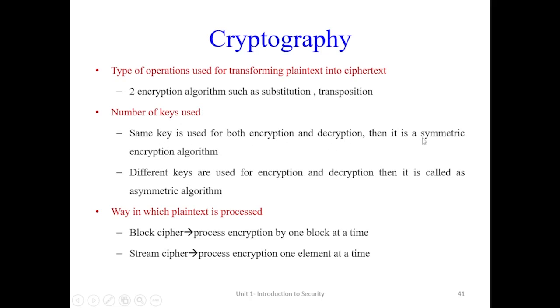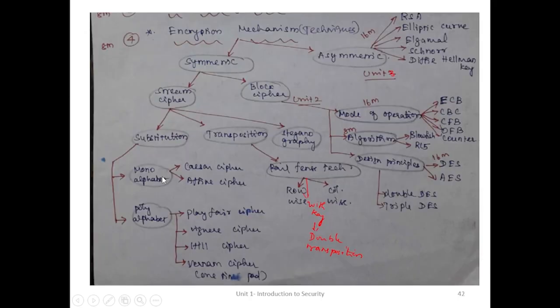If the same key is used, it is symmetric. If different keys are used, it is asymmetric. And for processing plain text, we may use one element at a time, which represents a stream cipher. If you are using a block of text, that is called a block cipher. So if you want to design a model, we should consider these 3 points.